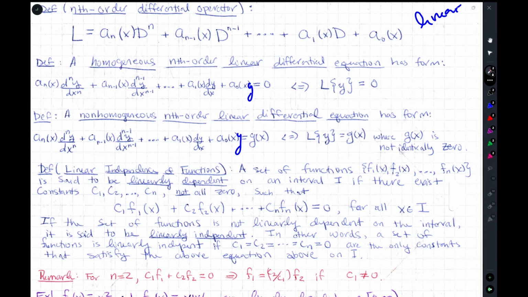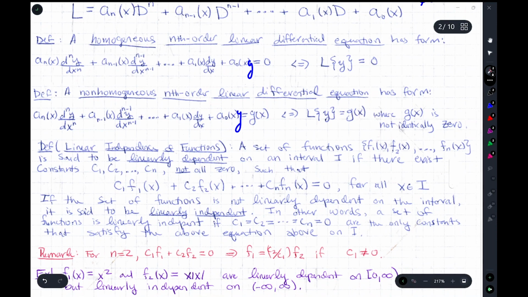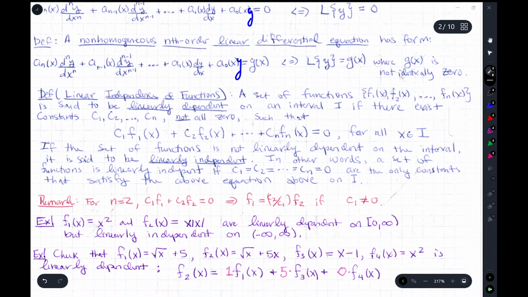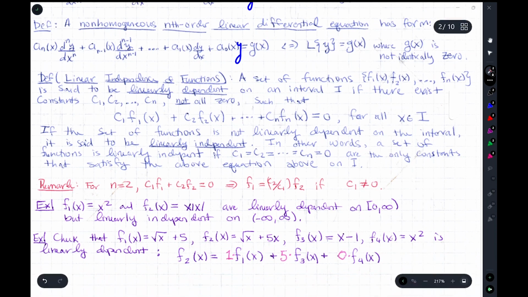They're not just constant multiples of the other, right? So that gives you a mathematical intuition about linear independence. In some sense, linearly independent functions point in different directions in function space. Okay? Just to rely on our previous intuition for the simpler case of R2 that we looked at.